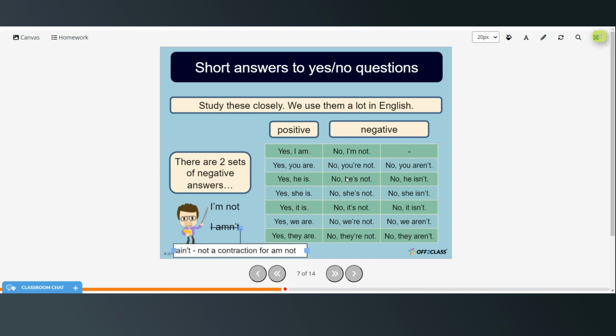We're contracting he and is, and here we're contracting is and not. So no he's not, no he isn't, no she's not or no she isn't, no it's not or no it isn't, no we're not or no we aren't, and no they're not or no they aren't.